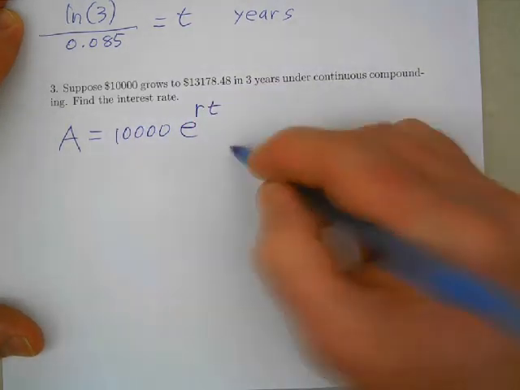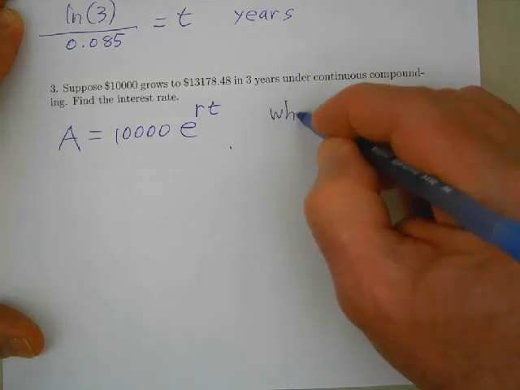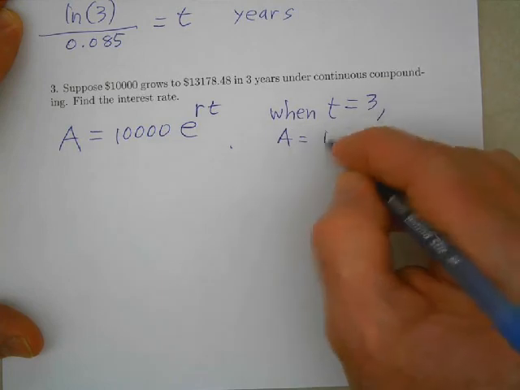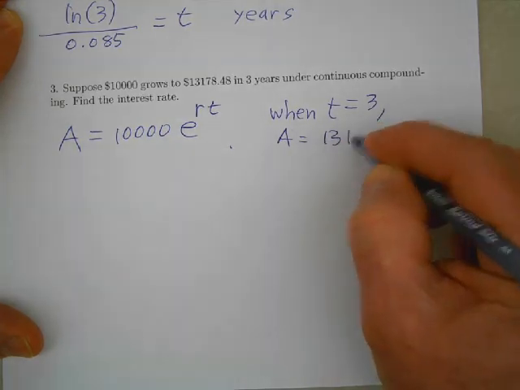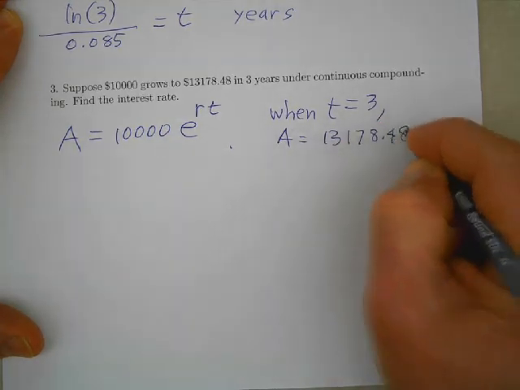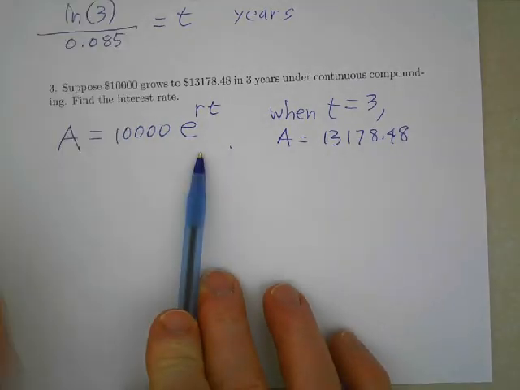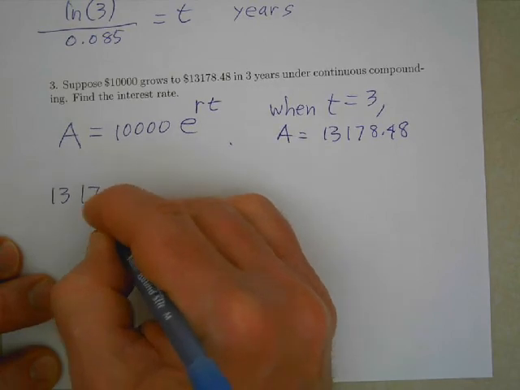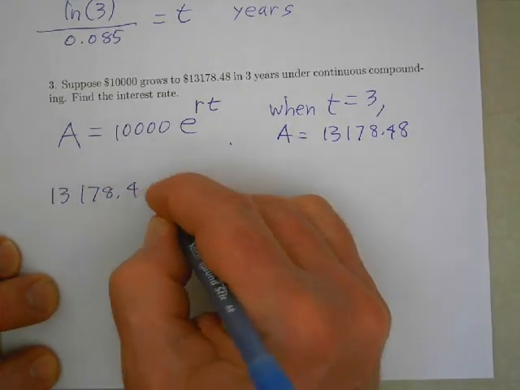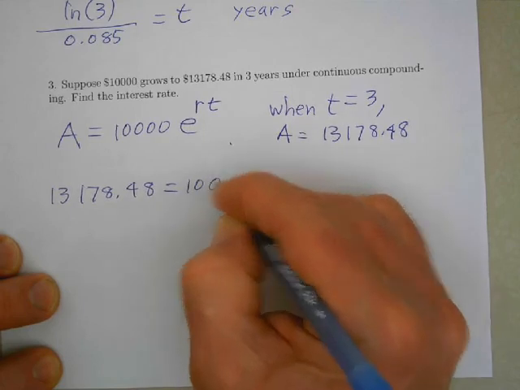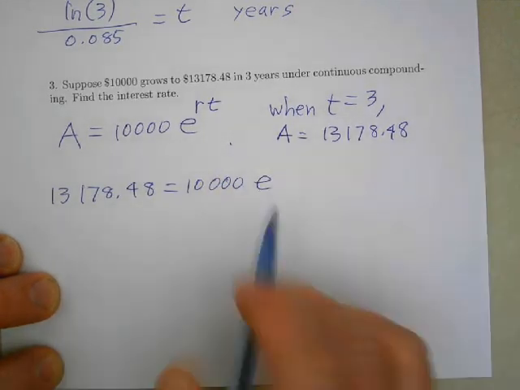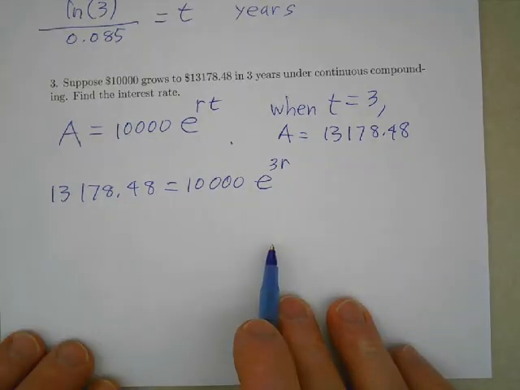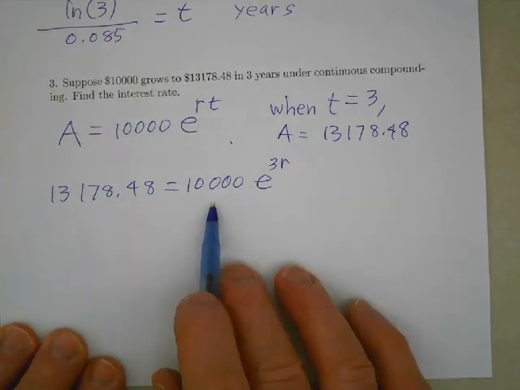But we are told that when t is 3 years, the amount is $13,178.48. So we can solve for r, just replace A with $13,178.48 equals 10,000 times e to the 3r, because we're replacing t with 3.